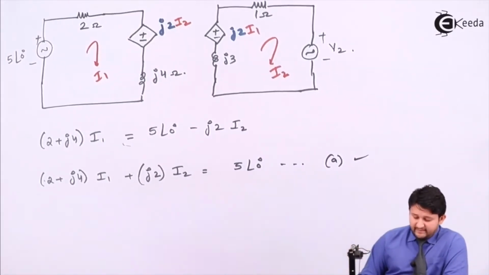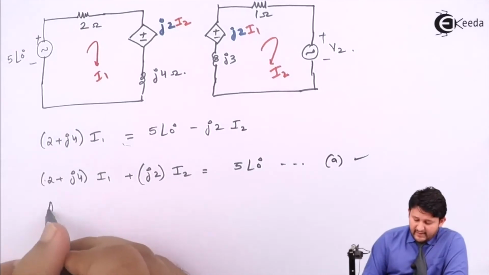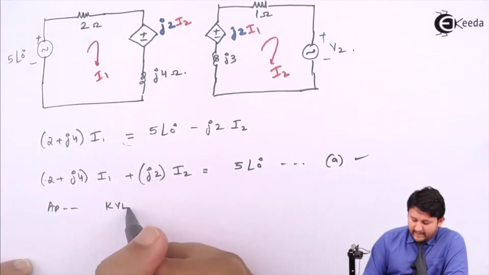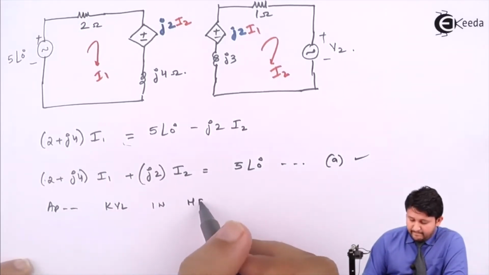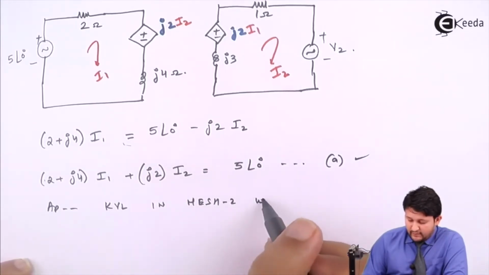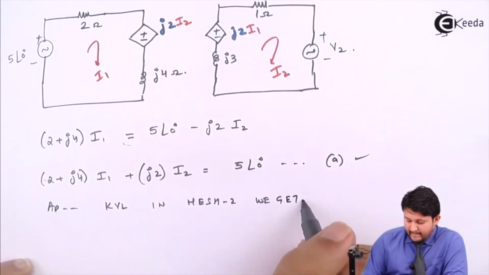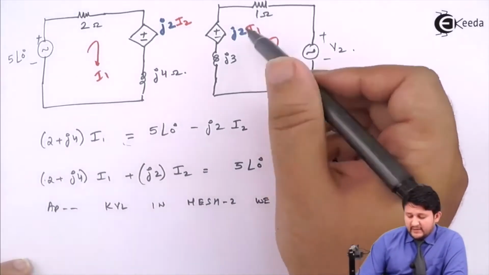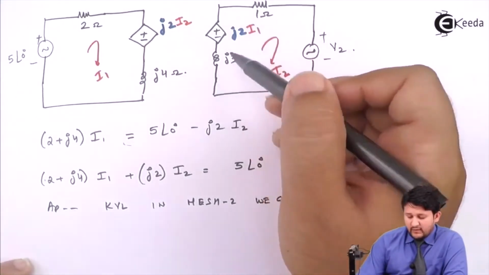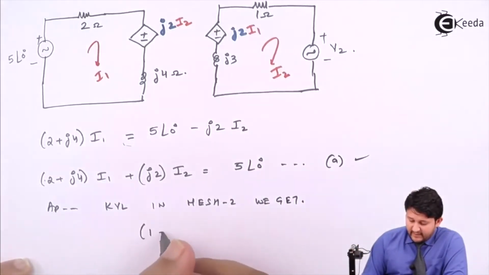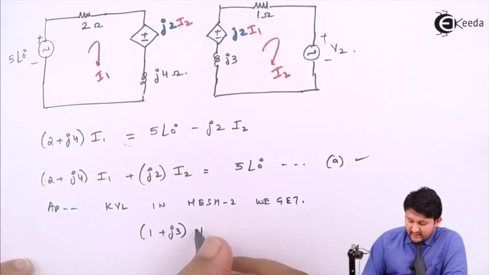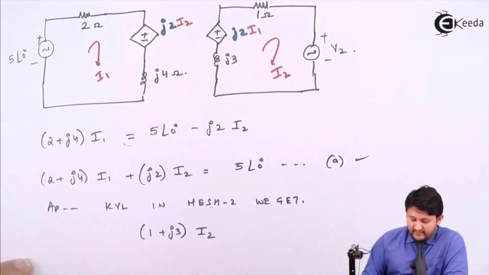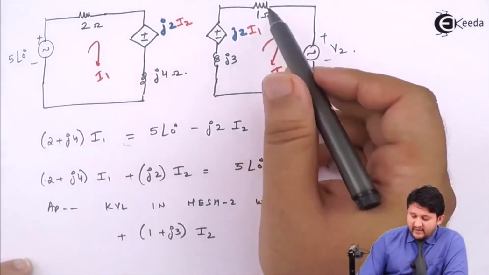Let's wait for a second. Again, applying KVL in mesh 2, we get the resistance and the imaginary part, add them. So this will be (1 plus j3) I2 plus, since you are writing the equation for mesh 2, any other current in this?